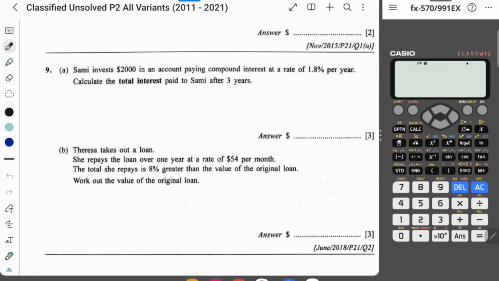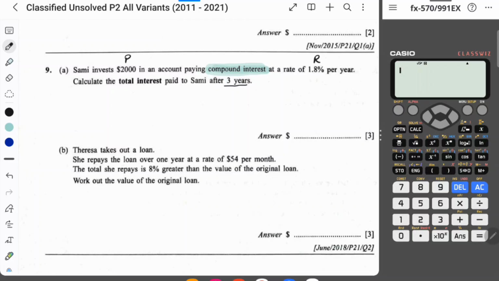Okay, so question number 9 is Sami invests. The same thing you will have to understand. Invest means the principal is 2000. So this is the principal. Okay, paying compound interest. Remember, in the question they'll just give you clear instruction whether the question is of compound interest or simple interest, at the rate of 1.8% per year. So this is the rate, and calculate the total interest paid after 3 years. The time is 3 years. So we are going to find out the total interest.